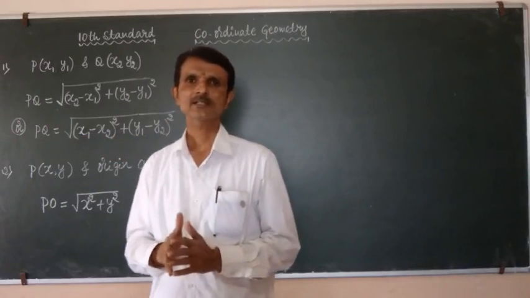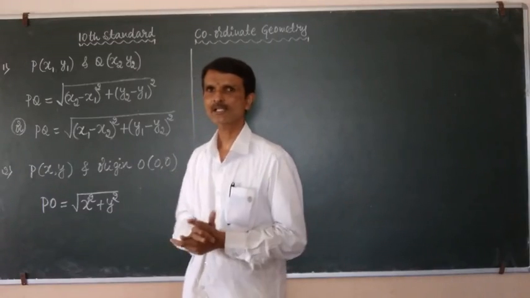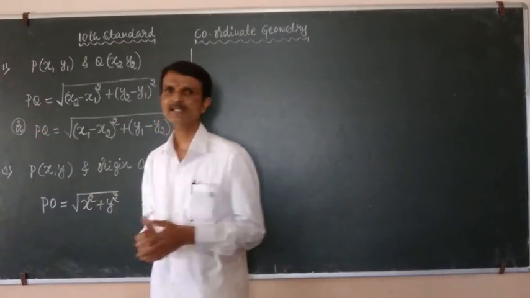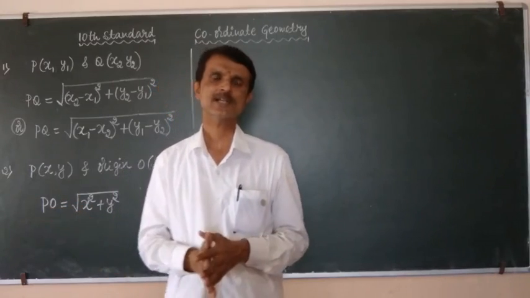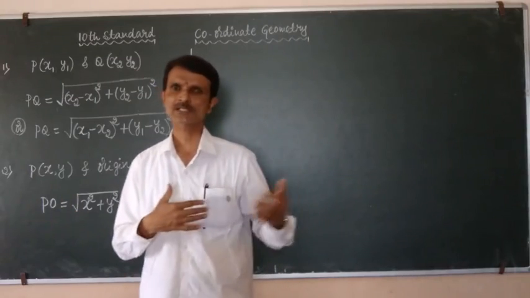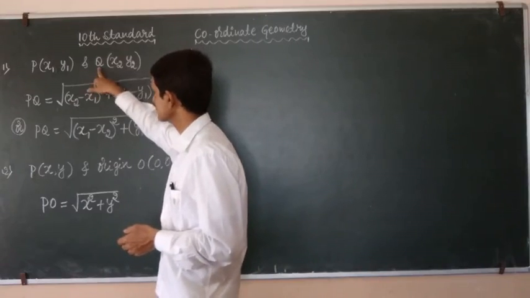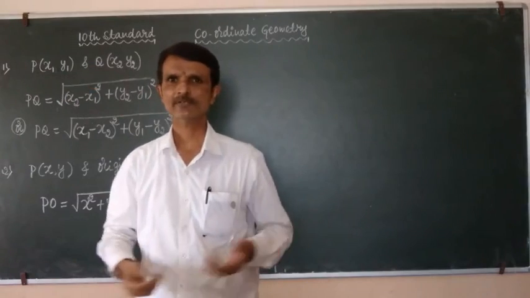So totally the distance formula is symbolically written as d. In case of PQ we will take it as d. D means distance between any 2 points or any 2 objects, any 2 persons. They have given P or Q, you can give A, B, whatever alphabets it may be.